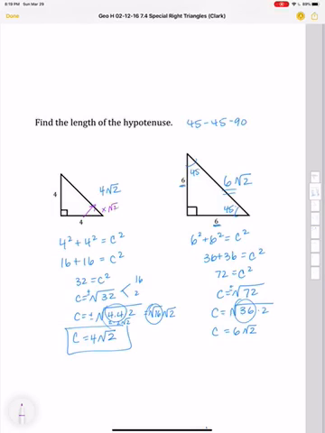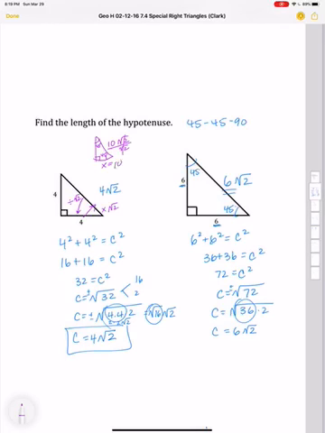But if we want to go backwards, then we'd have to divide by the square root of 2. Meaning, let's say you had a triangle, and it's 45, 45, 90, and you knew that the hypotenuse was 10 root 2. What would be x? Well, it would have to be this thing divided by the square root of 2. So it'd be 10.